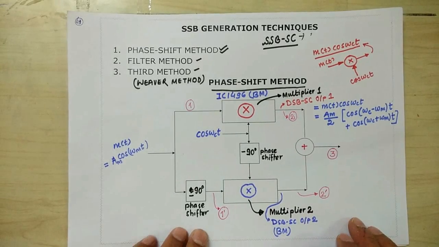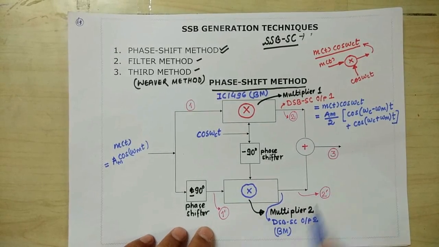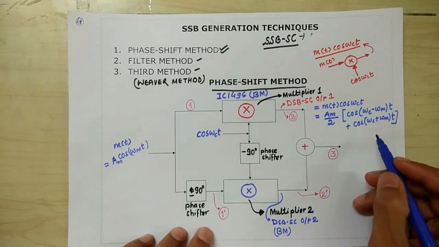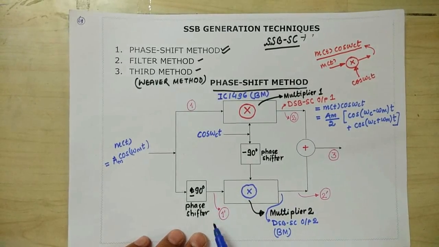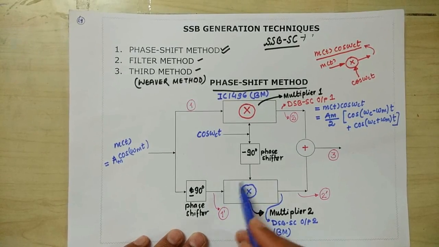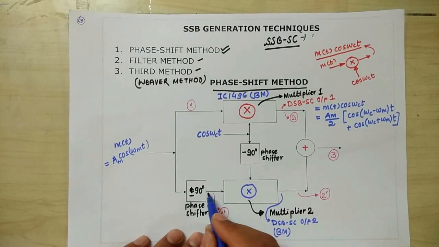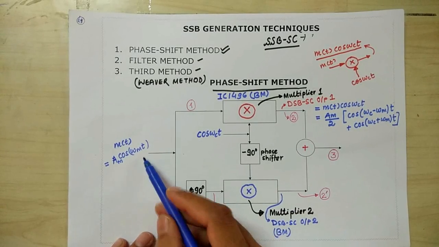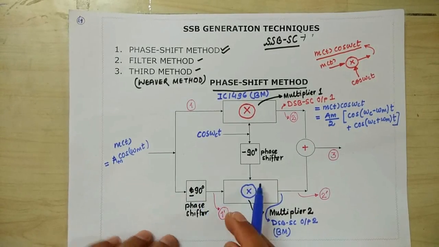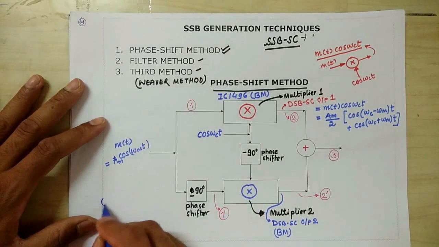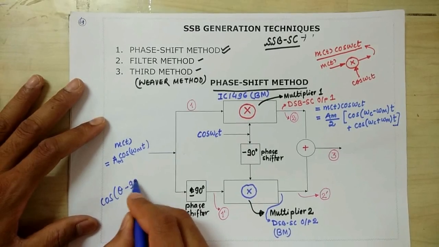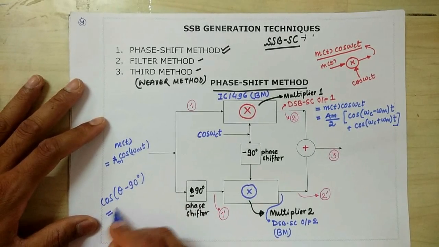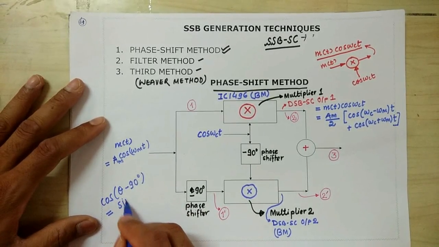If you see the point number 2 dash, let us see what is the input to this multiplier. The first input is Am cos omega mt shifted by minus 90 degrees. Since this is a cosine, if you take cos of theta minus 90, you get sine of theta.